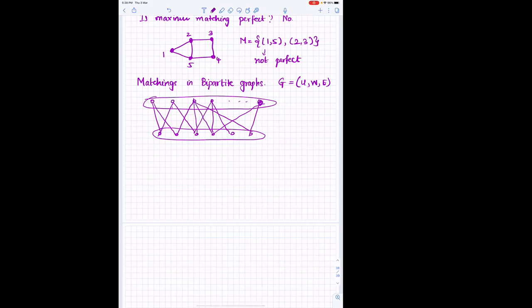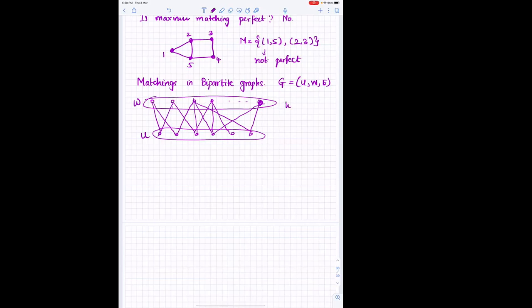Just by looking at the graph, let's say there are like 10 vertices on the, let's put this as W, and this as U. There are some 100 vertices in W and 5 or 6 vertices in U. You want to ask whether there exists a perfect matching or not.